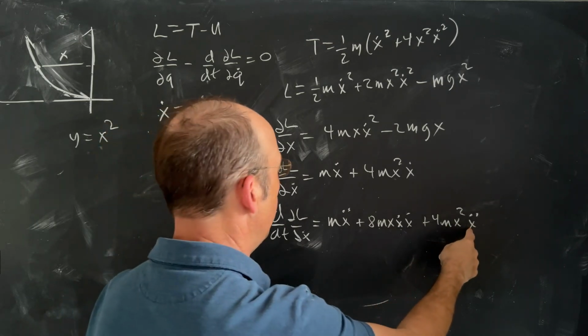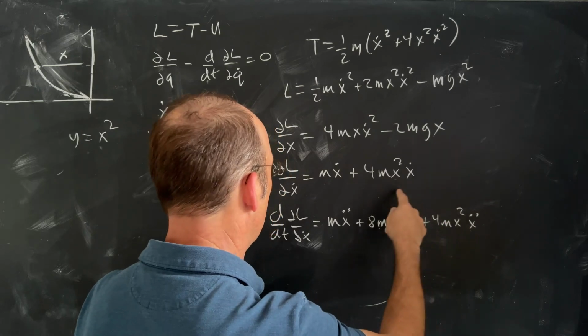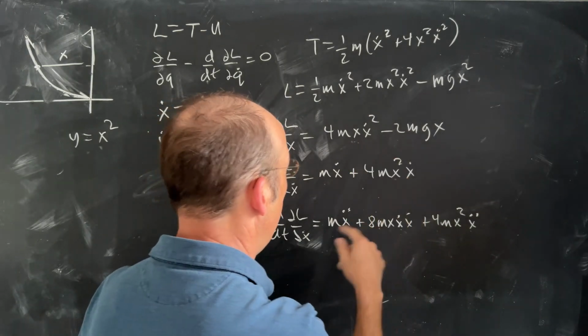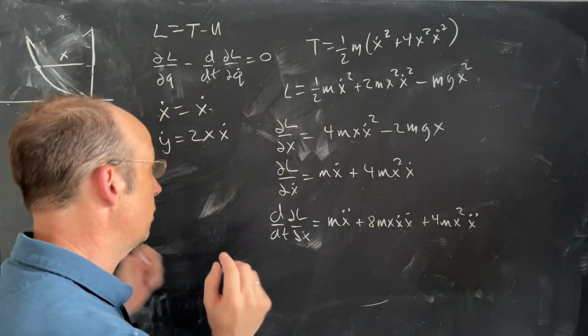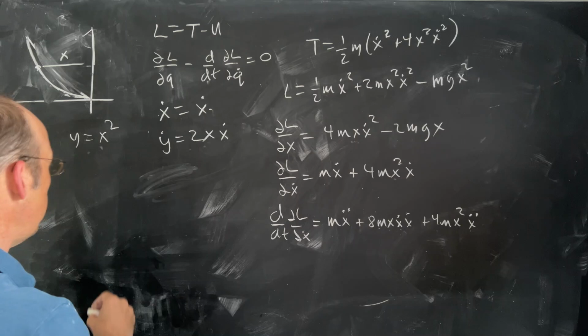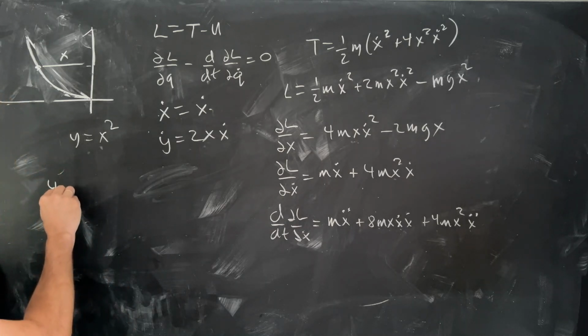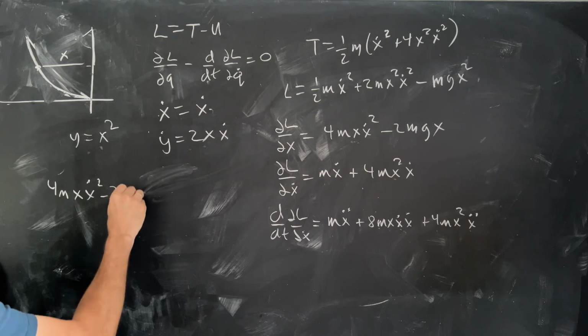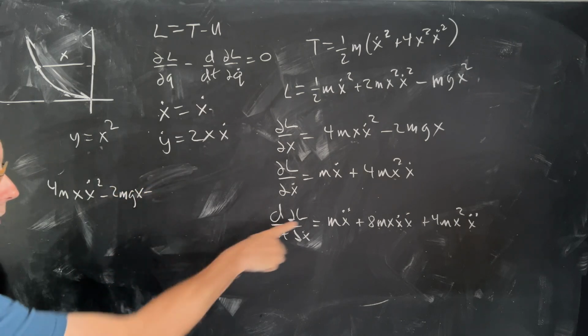I get an x double dot term. I should get some terms to combine here. Up here, I have x dot squared. Okay, that's going to combine with that. Okay, let's just do it. So it's going to be this minus that. So I get 4mx x dot squared minus 2mgx minus all of this stuff.